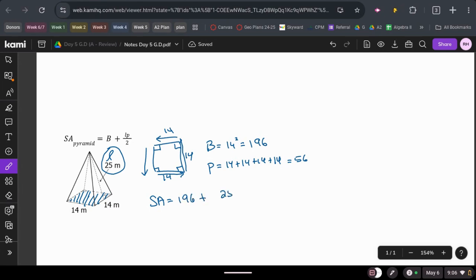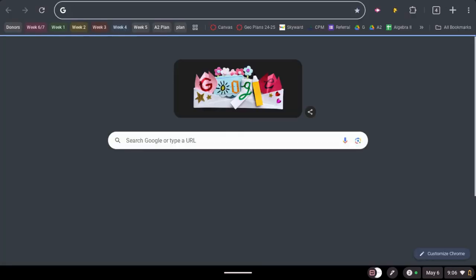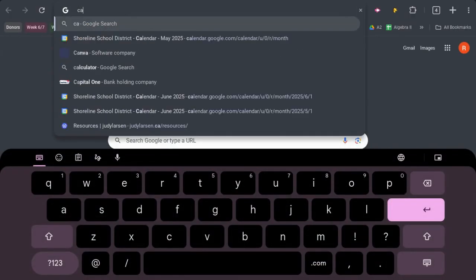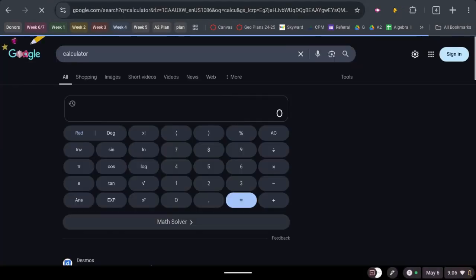All right, so we've got the surface area, which is capital B, so 196, plus L, which was the 25, times P, which is 56, and divided by 2. Multiplying that out in my head is going to be a fun one, so I'm just going to use a good old calculator on this one. I know that I have my calculators here with me, so you all are going to have to use Google as well.